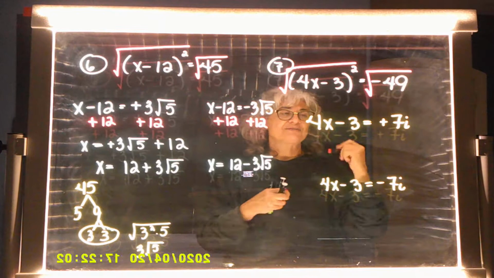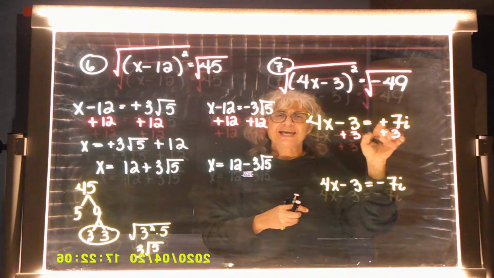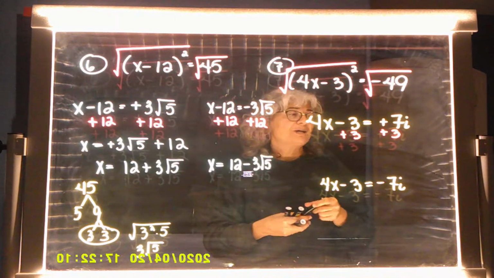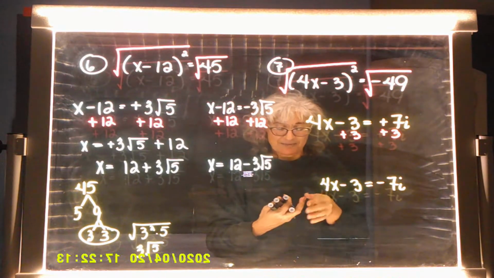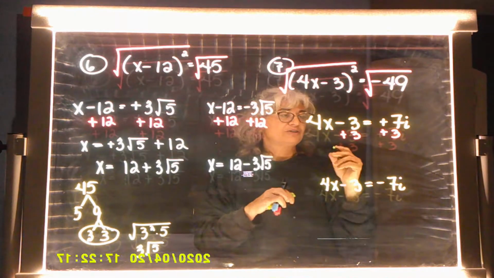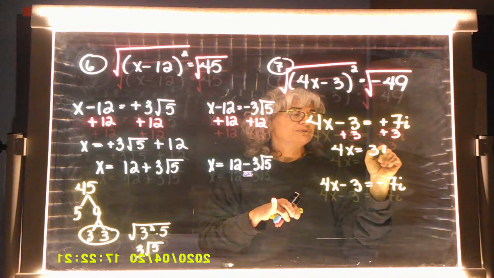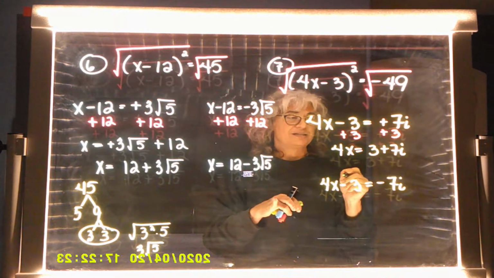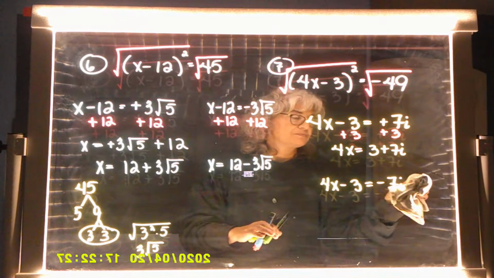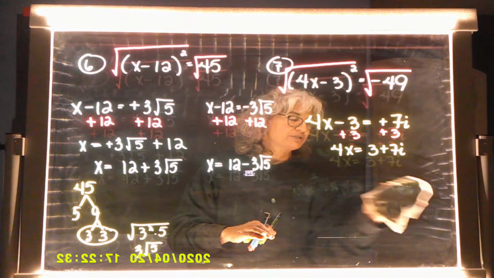And in this case, we add 3 to both sides, don't we? May I add 3 and a 7i? Nope, can't do it because they're not the same, are they? So I have 4x equaling 3 plus 7i, and then you get to divide by 4, don't you? Sorry, I'm going to erase this to give myself a little more room to work.